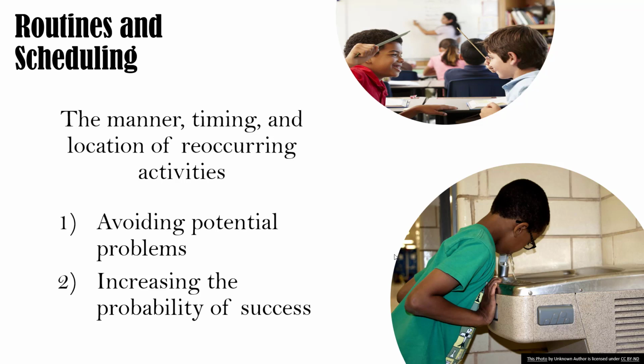So really taking the time out before the school semester starts to look at what routines you have in your classroom, look at your scheduling, look at what routines you need to teach, will help you avoid potential problems and increase the probability of success within your students and also the way that your classroom runs.